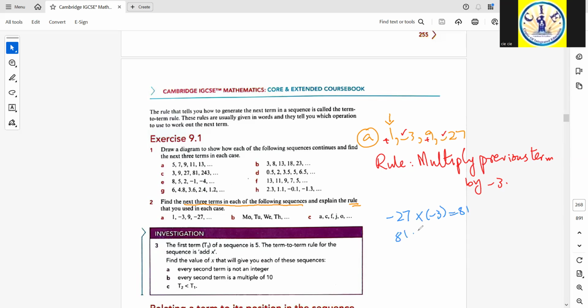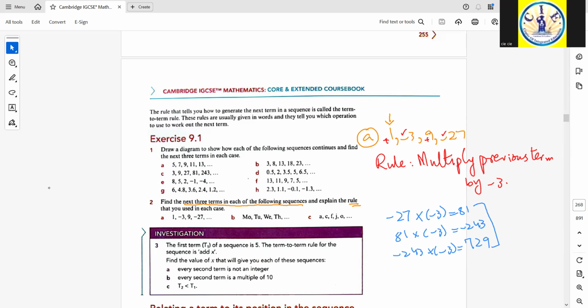Then 81 times negative 3, that will be negative 243. And then negative 243 times negative 3, that would become positive 729. So these are the next three terms of the given sequence.